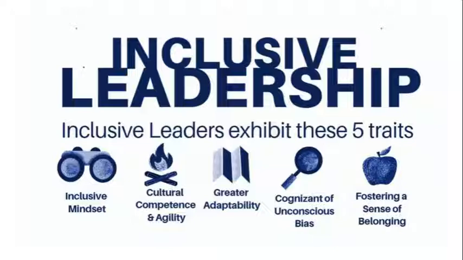It's an inclusive mindset: I want to see how I can be inclusive in all of my responsibilities. I recognize that there is cultural competence, that I have to understand things about the people I'm serving and working with, and be agile in what those things mean. How do I use those things? Because they lead to greater adaptability, my ability to use my knowledge in the appropriate situations to get the appropriate organizational outcome.